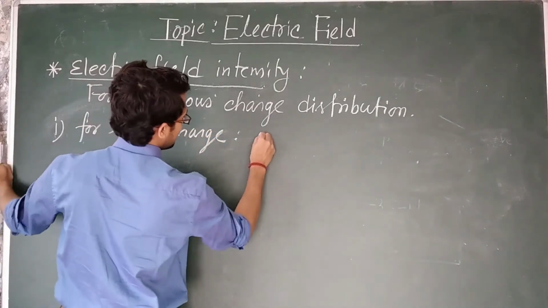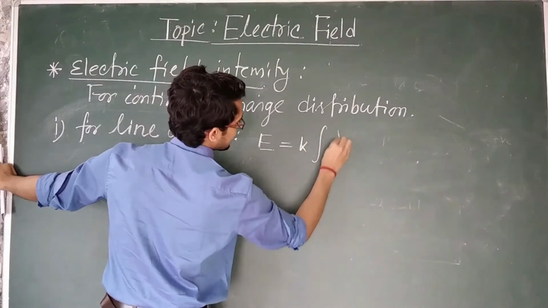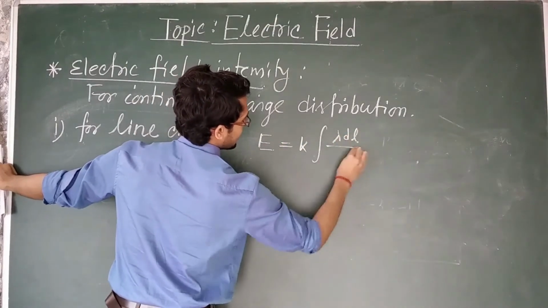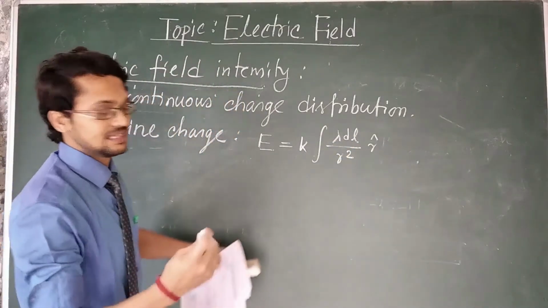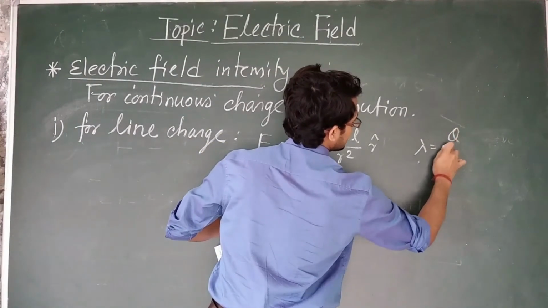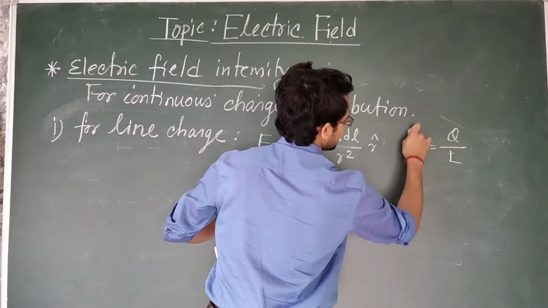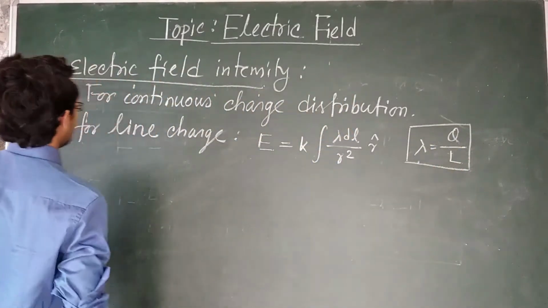The electric field will be E equal to K integration lambda dl by r square r cap. What is lambda? Lambda is the line charge density. So lambda equal to total charge by total length. This is lambda, total charge by total length.